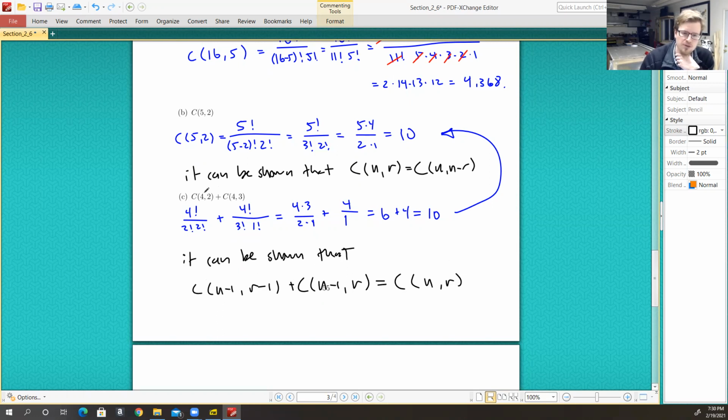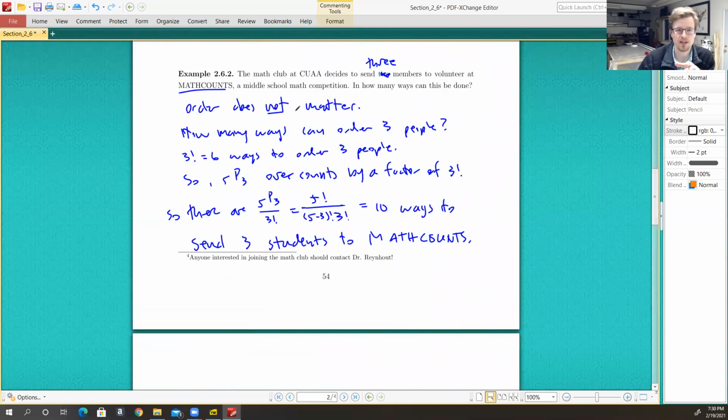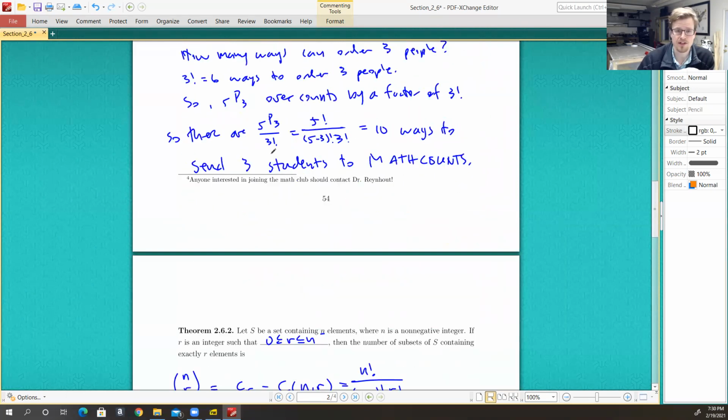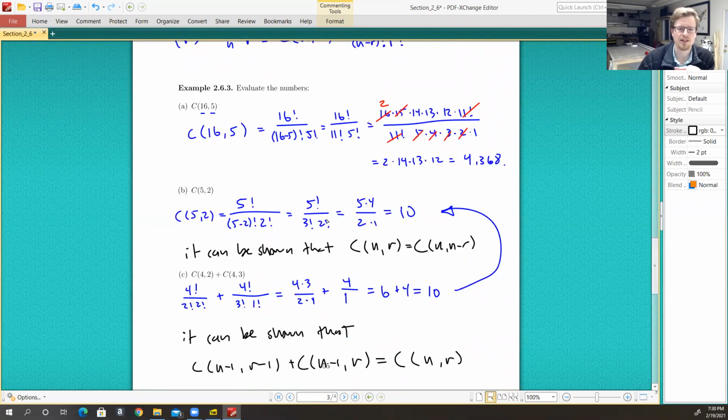So our n in this case would be 5, and the r in this case would be 3. 5 choose 3. That's exactly what we had up here, which we already said is the same thing as this. So cool. Anyway, these additional comments in black aren't actually necessary for our understanding of the material.